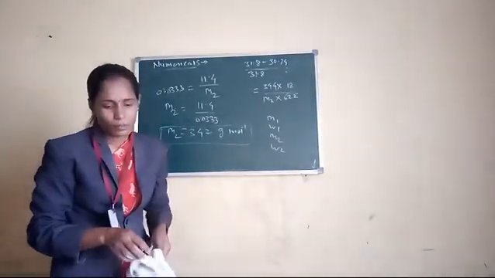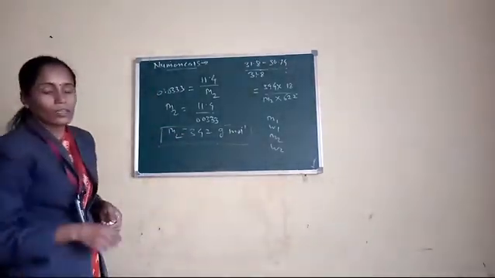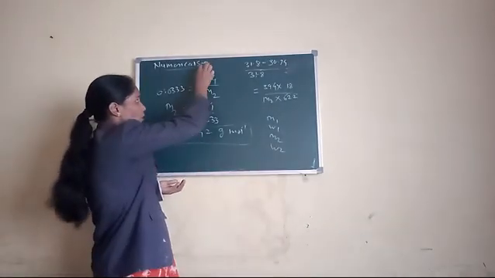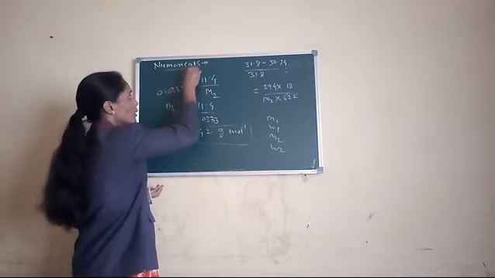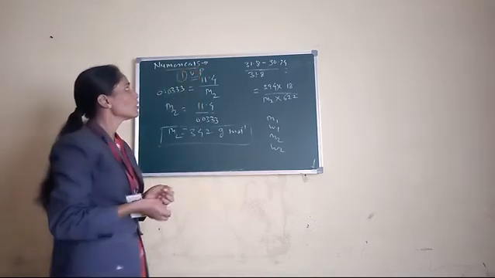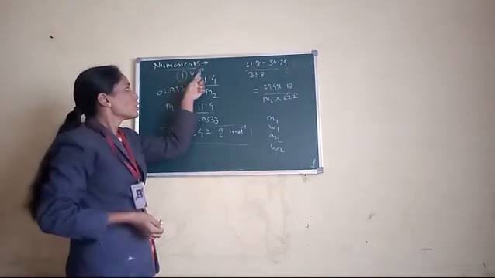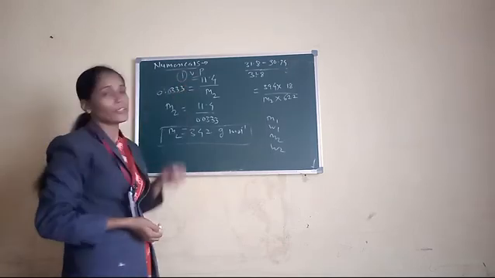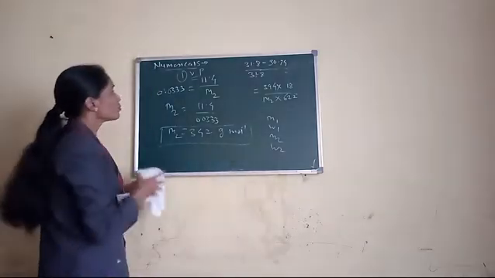Then the next point is boiling point elevation. The first colligative property is lowering of vapor pressure, and by Raoult's law we get that vapor pressure is a colligative property. Then the next colligative property is boiling point.